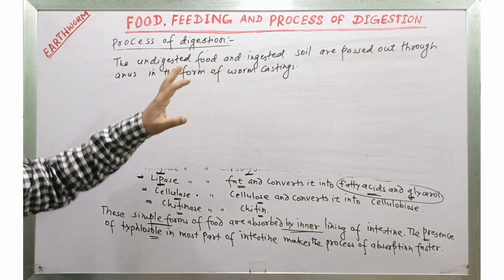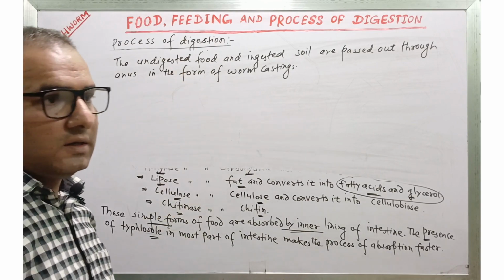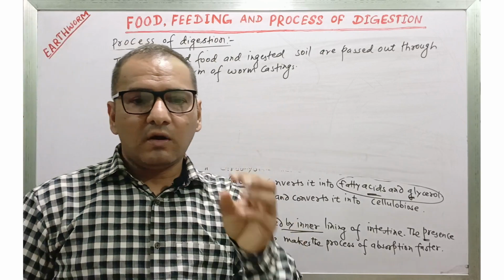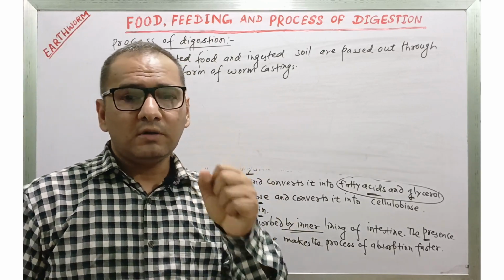Now, regarding worm casting, in case of Pheretima posthuma, the worm casting is present in the form of a small round ball of soil.